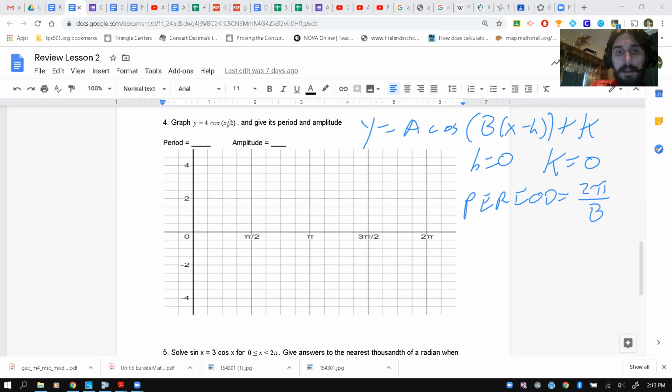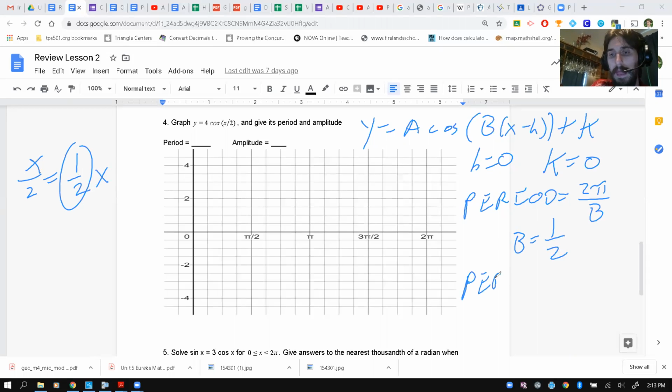And our problem, I know it's written in a weird notation here, but I think we can all agree x over 2, x divided by 2, is the same thing as 1/2 times x. So our coefficient in front of x is a half. So our b value is a half. So the period would be 2 pi divided by a half, and a half goes into 2 4 times.